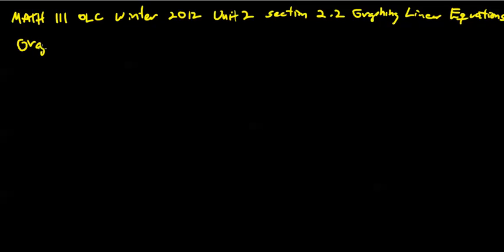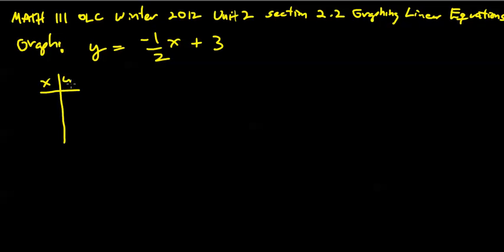For example, first example, graph. If I ask you to graph the following equation, well, notice there's two variables in the equation, and there are infinitely many x and y values that will solve this equation. Well, they've got to correspond, of course, and what I can do is make a table of values first and find what ordered pair values, what corresponding x and y values will solve this equation.